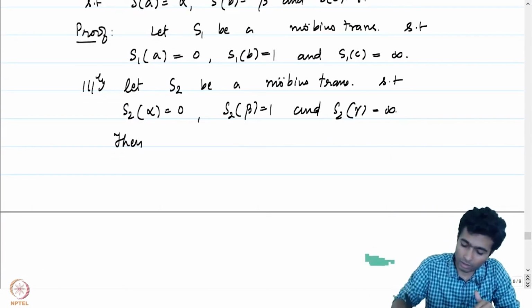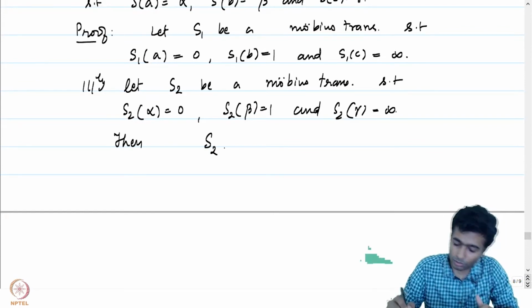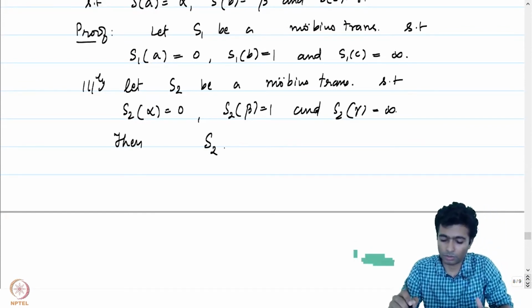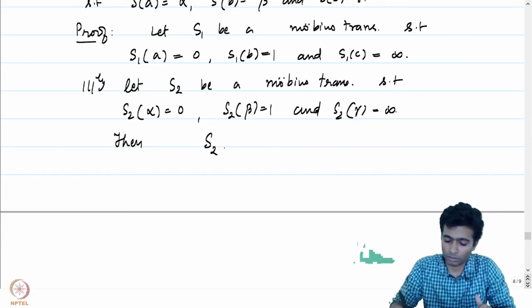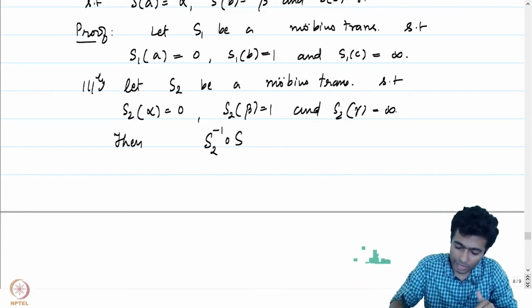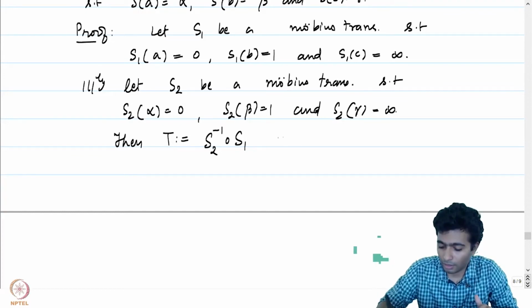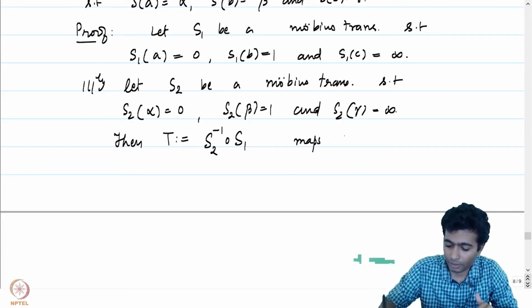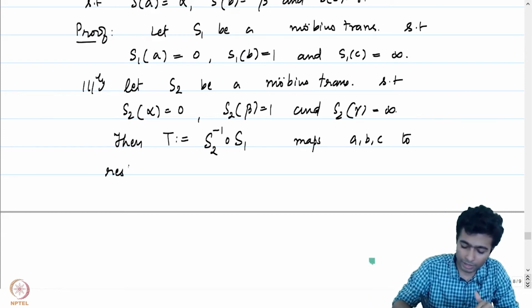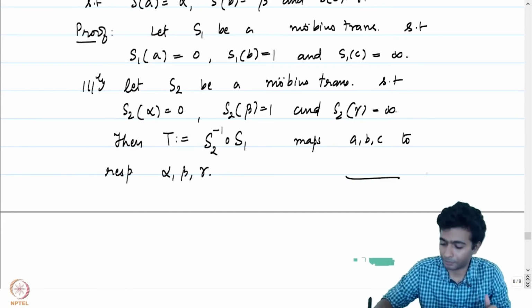Then S2 inverse composed with S1, T defined in this manner, maps A, B, C to alpha, beta, gamma respectively, and we are done.